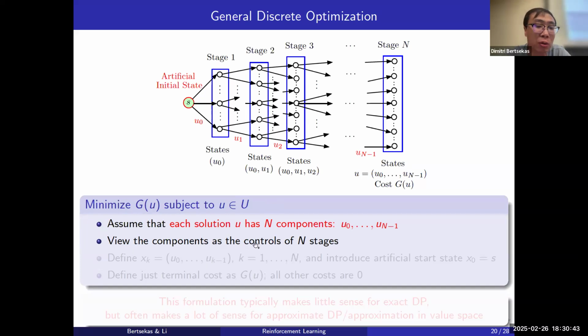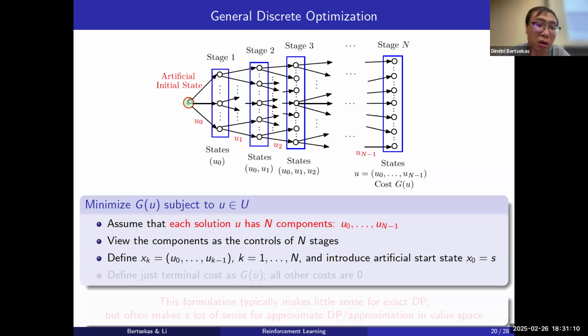With this view, we can define a dynamic programming problem that we can address. That is, we consider a k-tuple, again with a fixed order, u0 to uk minus 1, as the state xk, starting from an artificial state s.